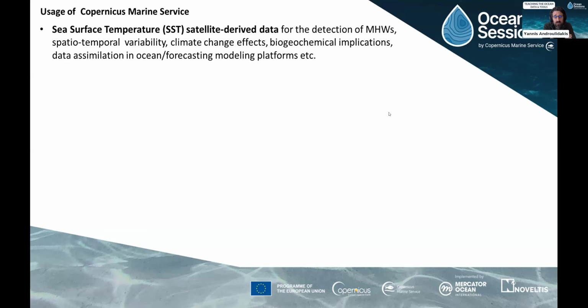This is to investigate and study climate change effects and interannual variability, marine heat wave formations and variability, and also implications with biochemical and biological properties. And of course, we use this data for data simulation in our ocean and forecasting modeling.